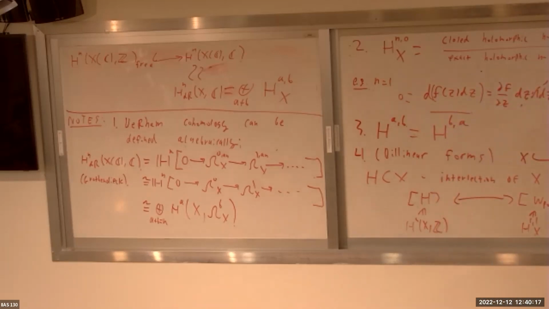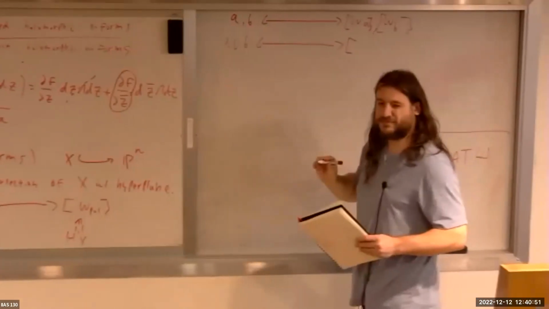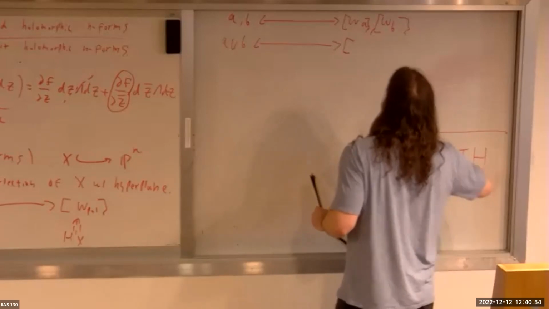And now we're going to use this H2 class to define a bilinear form on our cohomology groups. The way this works is the following. I want to remind you, first of all, that this isomorphism, of de Rham, respects the cup product very nicely. So if A and B are cohomology classes corresponding to forms omega A and omega B. They are not.